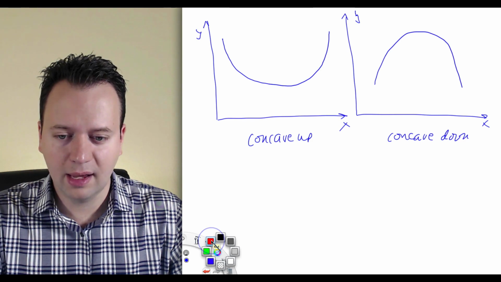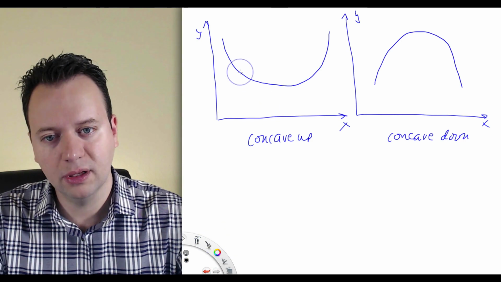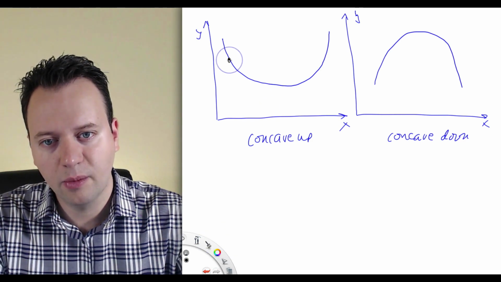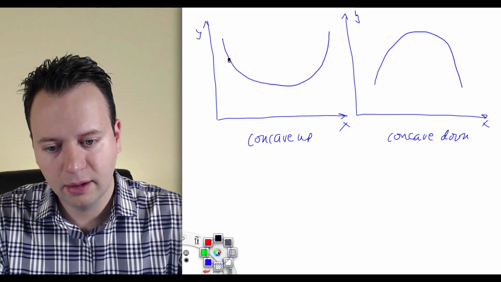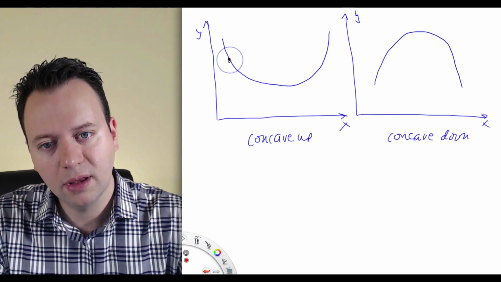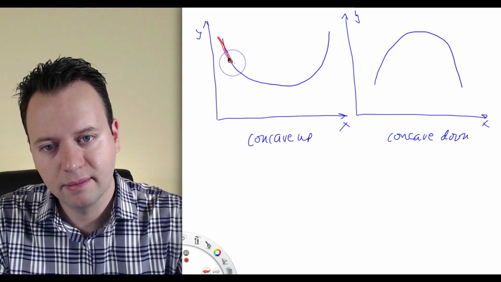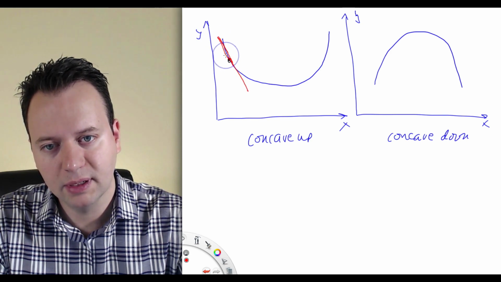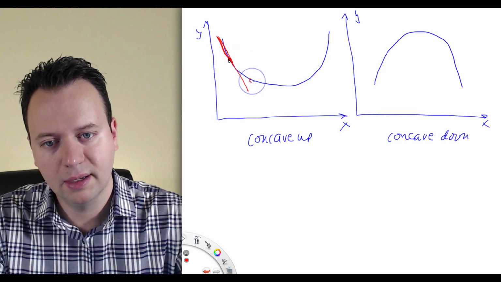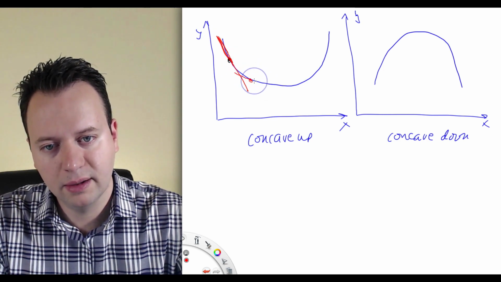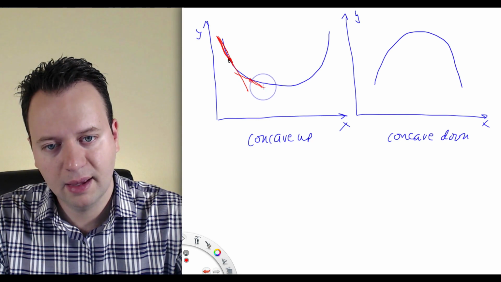So if you analyze this a little bit deeper, let's look at some tangent lines. So here we have a point, I'll draw it in red. And the tangent line is like that. Hard to see. Here the tangent line is just like that.